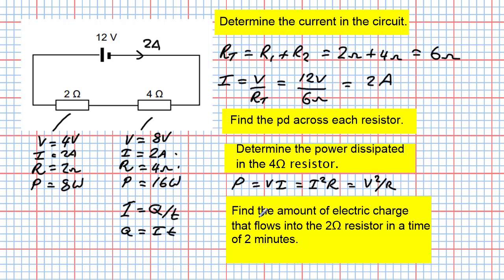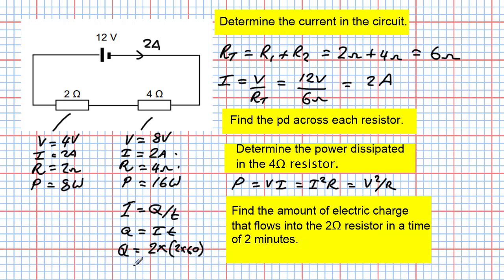So we look at the particular resistor in question. In this case it's the 2 ohm resistor, and we know the current going through it is 2 amps. So Q is going to equal 2 amps times the time it's been flowing for, 2 minutes, but you must change it into seconds. So it's 2 times 60 to give you seconds.